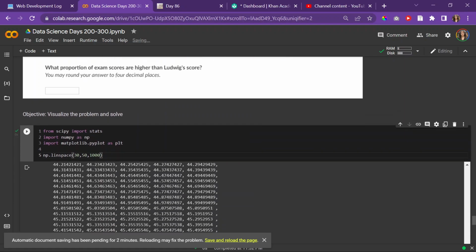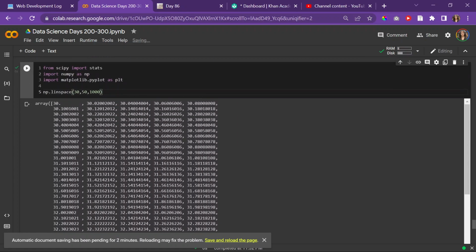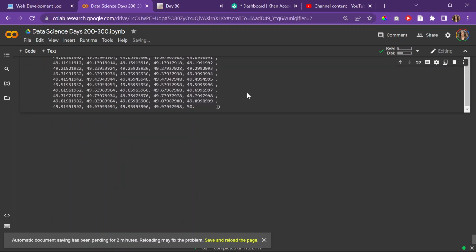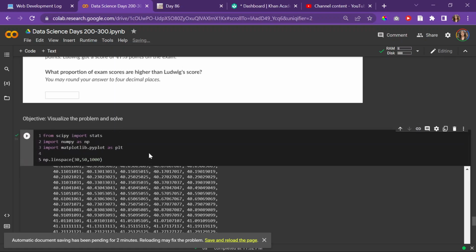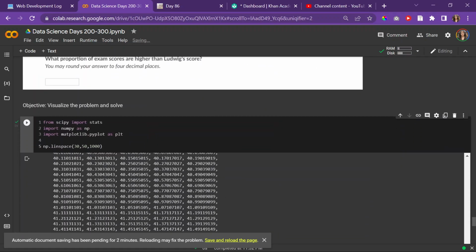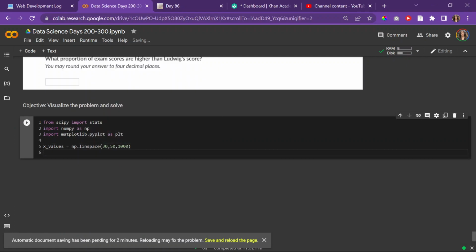That's going to give me an array starting from 30 and ending at 50 with 1,000 values in between. I'm going to set that equal to my x values.